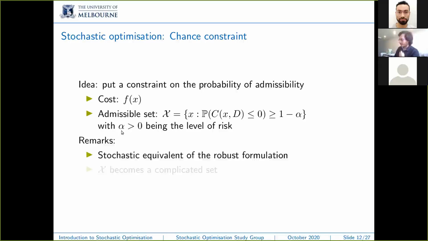And actually, what you can say about this formulation is that it is a stochastic equivalent of the robust formulation. It is typically less conservative, but we still have this idea of having the constraint satisfied for not all, but a lot of the possible values of D, and maybe the most relevant ones, in the sense of the most likely ones.